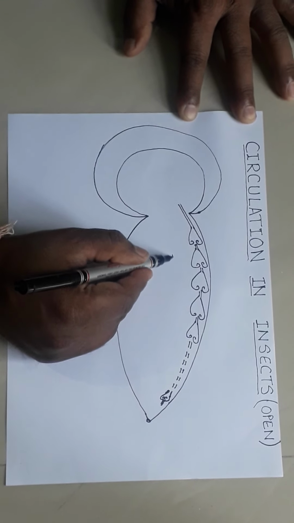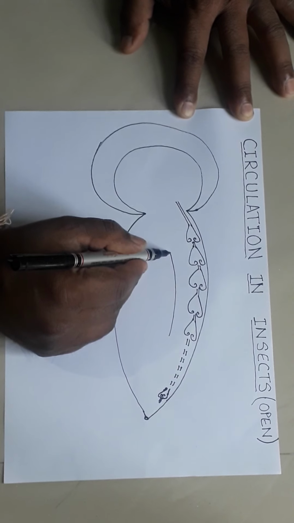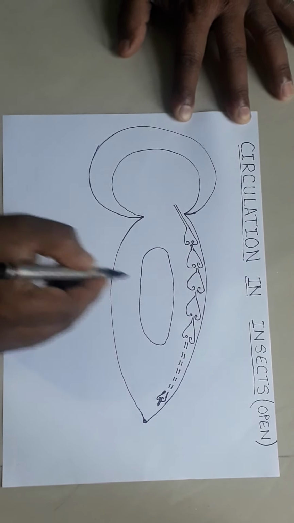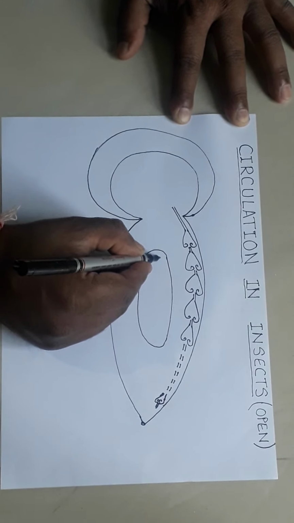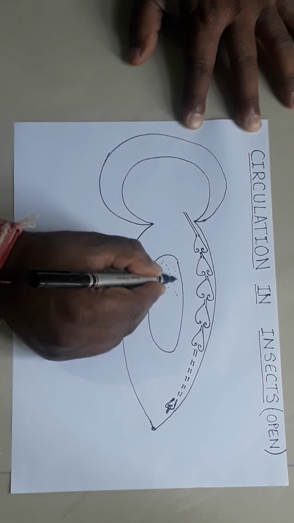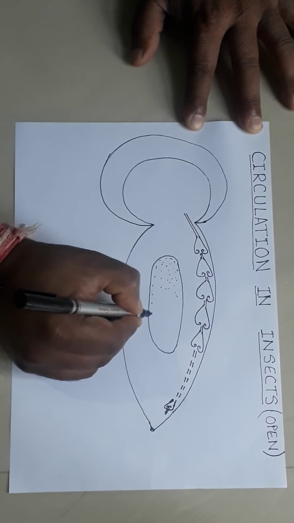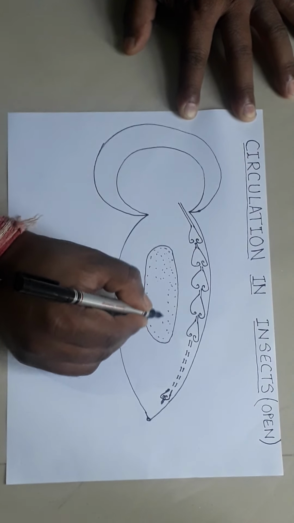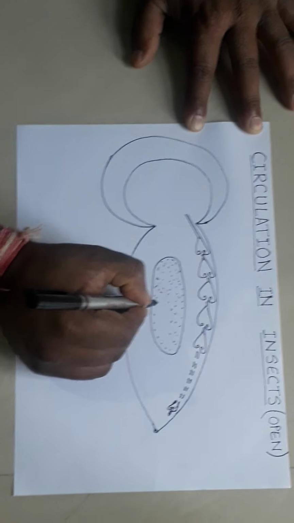Then in the center of the body cavity there is a cavity. This cavity contains fluid, and this cavity is known as the visceral cavity, as it is present in the center of the body.